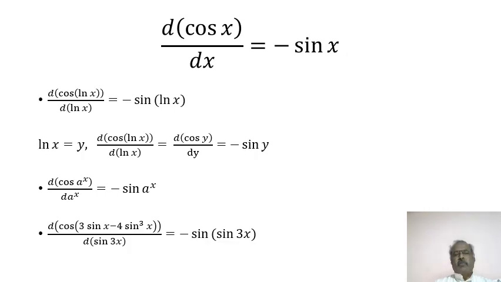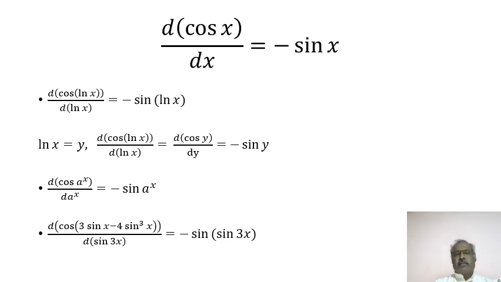But you should never be afraid of seeing a large expression. If you remove the fear factor and recognize that functions can themselves be treated as variables, it becomes easy to solve most of these questions. So try to overcome your fear of expressions and learn to see through the expressions. For example, 3 sine x minus 4 sine cube x is sine 3x.